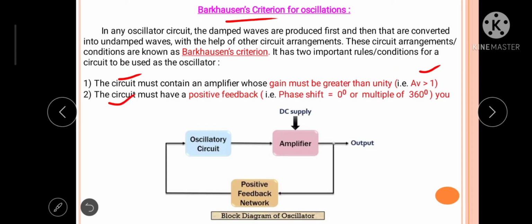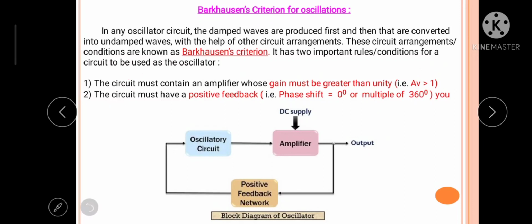And the second condition is the circuit must have positive feedback. Already we have discussed in detail positive and negative feedback. Here, positive feedback in this sense means the phase shift should be 0 degree or a multiple of 360 degree. In short, positive feedback means the feedback signal should be in the same phase with the initial signal.